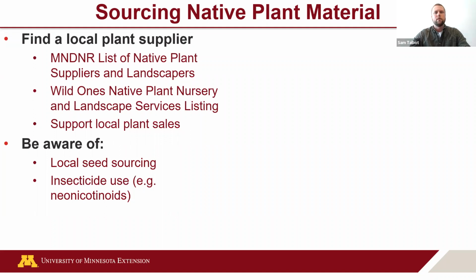You can often ask a vendor, or just a general rule is to try to purchase from as local as possible. And then check to see if they're using any particular insecticides that are harmful to pollinators, like neonicotinoids, which are poisonous to pollinators. Some of the big box stores might use them, but a lot of the reputable native plant suppliers won't be using these types of chemicals. But again, it's always good to check.